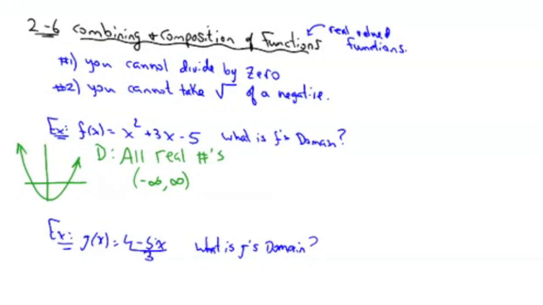All real numbers then, negative infinity to positive infinity. Are we ever going to divide by 0? No, this thing's always divided by 3. It's never going to be 0. Are we ever going to take a square root? No. So what's the domain? All real numbers. So the domain here is negative infinity to positive infinity. You can plug in anything into this.